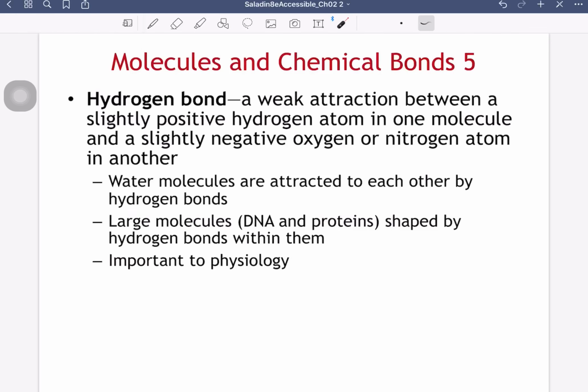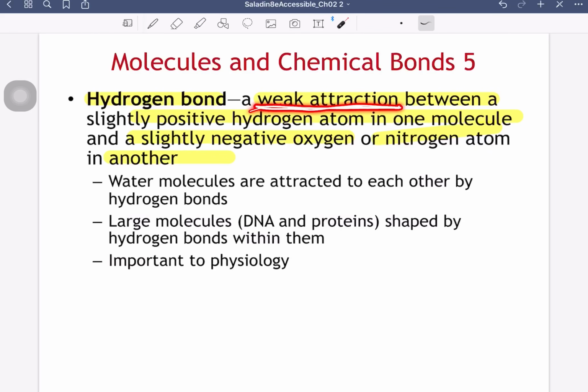Hydrogen bonds. Hydrogen bonds are a fairly weak attraction between slightly positive hydrogen atoms in one molecule and slightly negative oxygen or nitrogen atoms in another. And this is one reason things like water molecules are attracted to each other by hydrogen bonds. Let's go back here. They're a fairly weak bond.